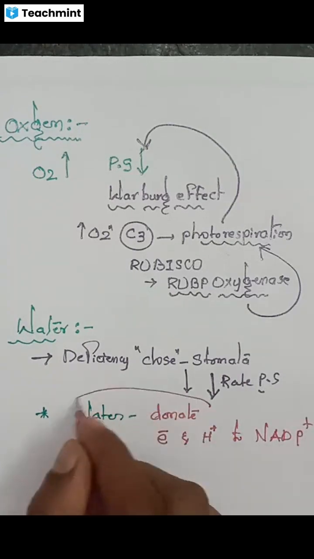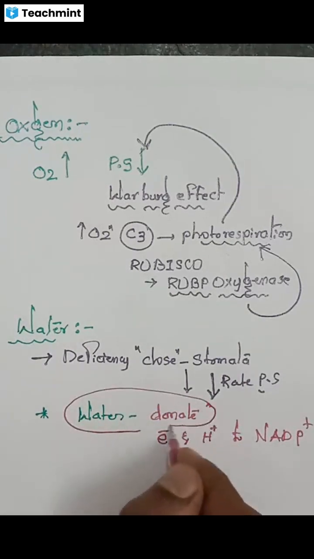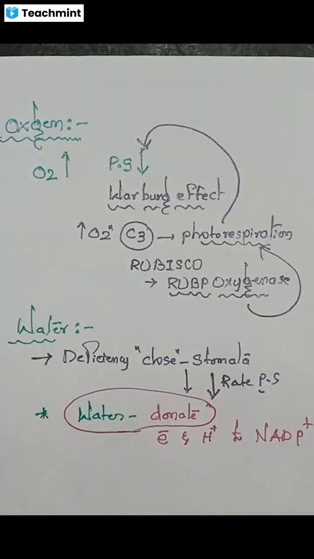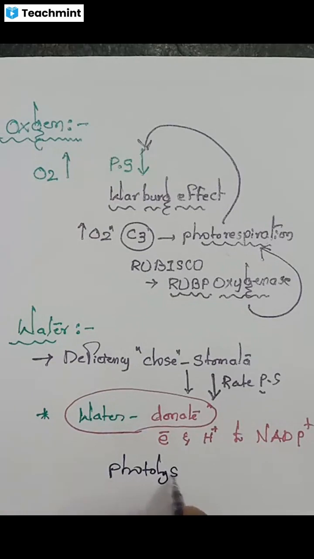So water is the electron donor in photosynthesis. Next, photolysis of water. The photolysis of water takes place.